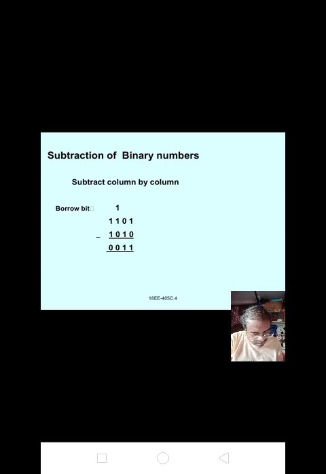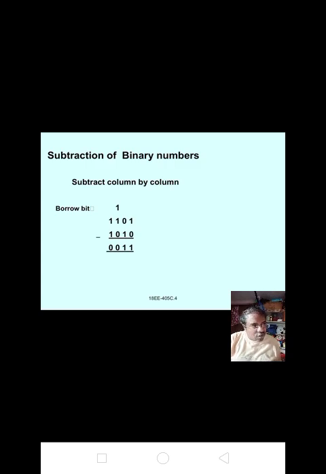Okay, here see 8421 code. What is the value? 8 plus 4 plus 1 means 12 plus 1, 13. Next 1010 means 8 plus 2, 10. 13 minus 10, 3.